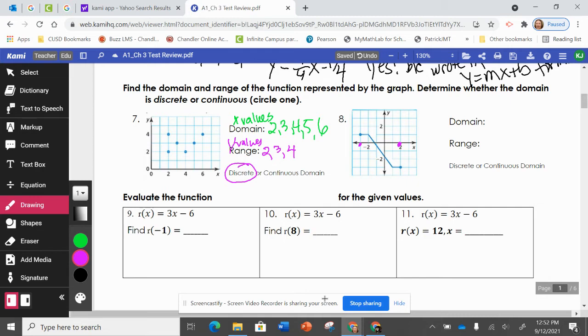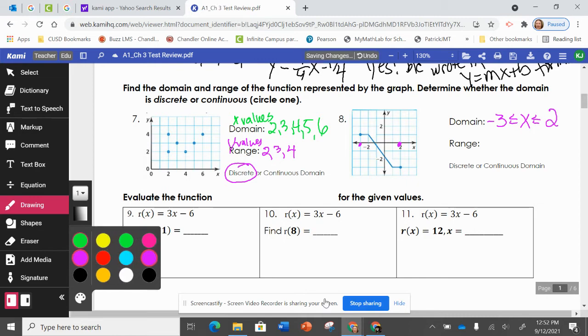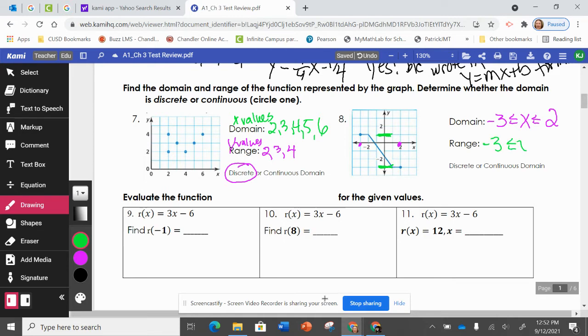And so for domain, x values, our lowest x value is -3, and our highest x value is 2. For our range, y values, our lowest y value is here at -3, and our highest y value is up there at +1. So -3 is less than or equal to y is less than or equal to 1.